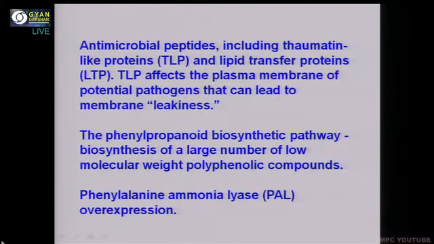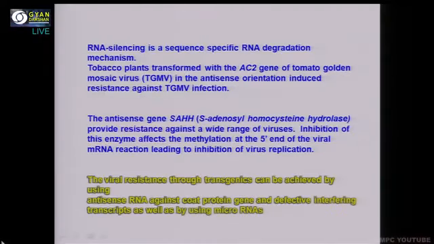So you can overexpress these metabolites, or induce their formation by cloning this particular enzyme. In that way, the plants will be better able to synthesize these secondary metabolites and defend themselves against the pathogen. So you can go for overexpression or cloning of this PAL gene as well.